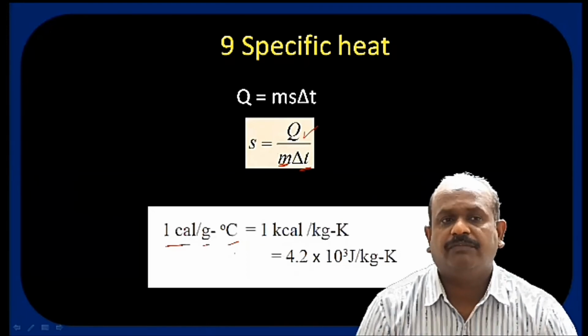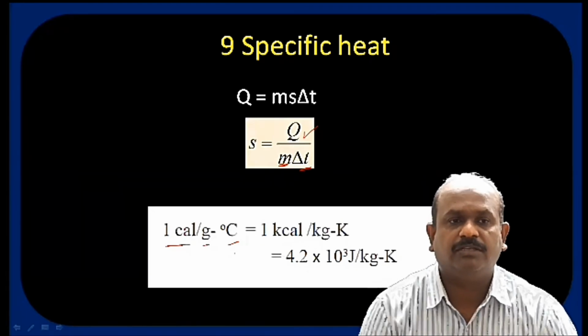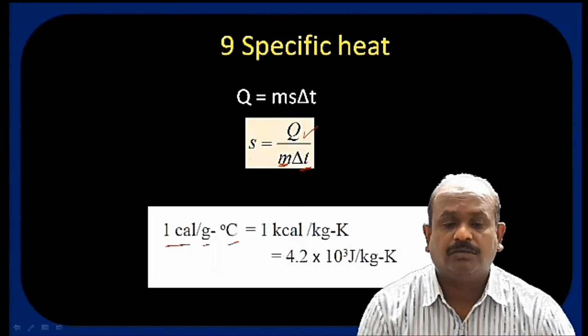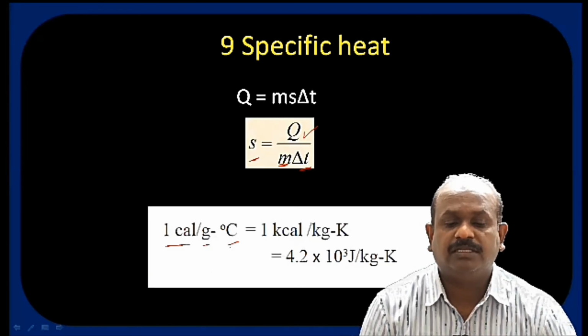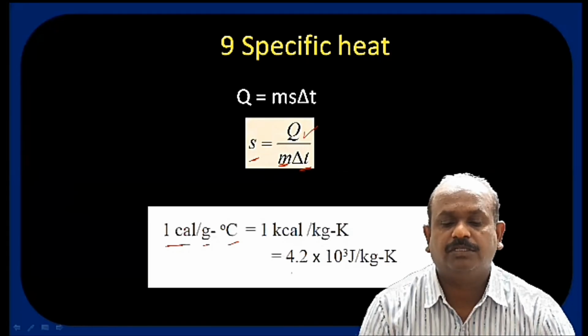The same way, if you replace the units for each physical quantity in the given equation for specific heat, you can get its units. So the unit of specific heat is 1 calorie per gram degree centigrade, which is equal to 4.2 times 10 cube joule per kg Kelvin.